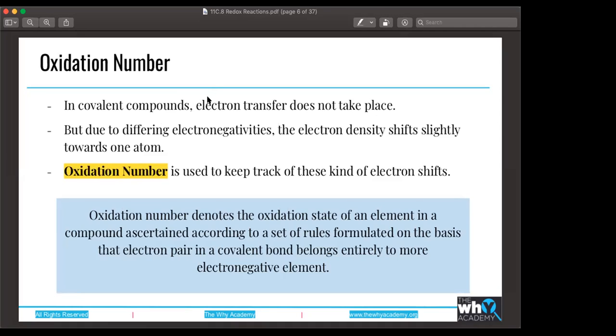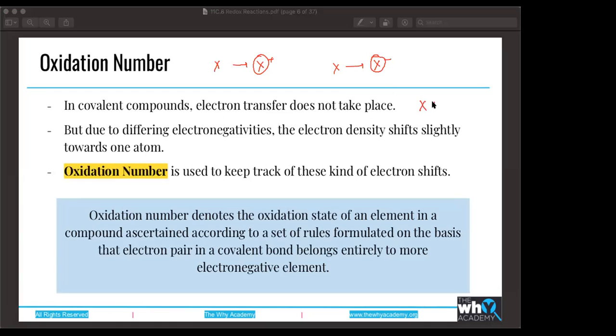In ionic compounds, it is pretty straightforward that an element is either losing electrons or gaining electrons. So there is complete transfer of electrons from within the element to outside, or from outside to within the element. But in covalent compounds, you don't have electron transfer.